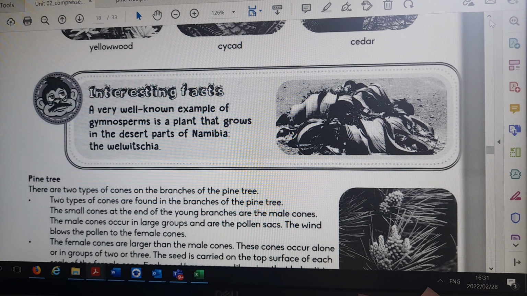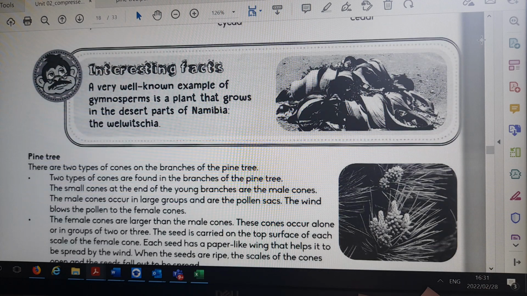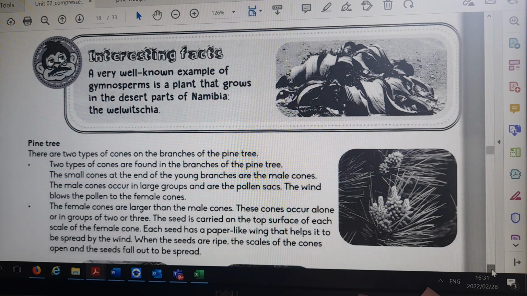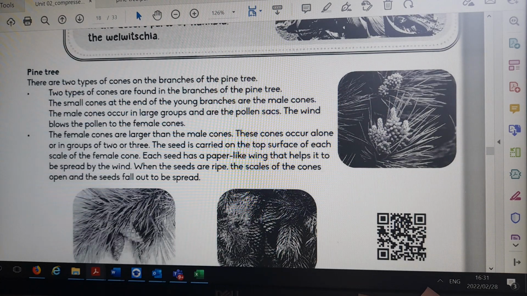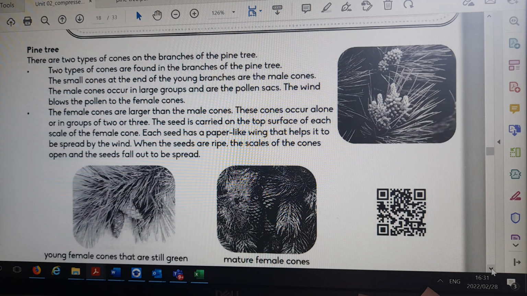Now what we are going to focus on in our lesson, as our cone-bearing plant, is the pine tree. Normally we get those little cones that we use for decorations. Now let's read about the pine tree.